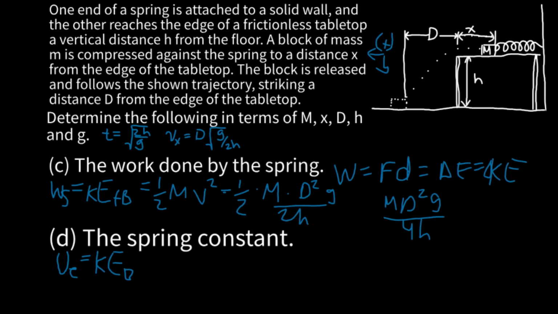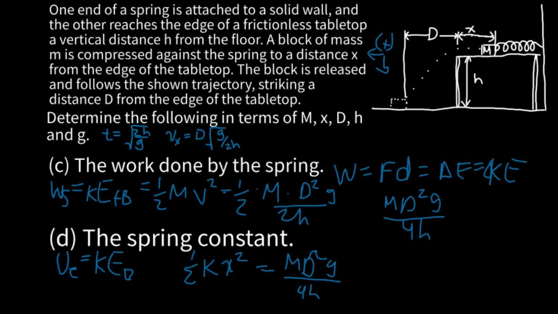But we could deal with that by setting the top of the tabletop to be 0 gravitational potential energy, but in this case it's just a little bit easier to just say our system is purely the block and the spring. So our maximum elastic potential energy is going to be 1/2 times our k times our maximum compression, which is x squared, and that equals our maximum kinetic energy, which we actually also happen to derive in part C of m d squared g over 4h.